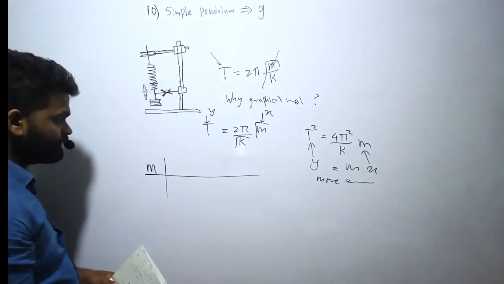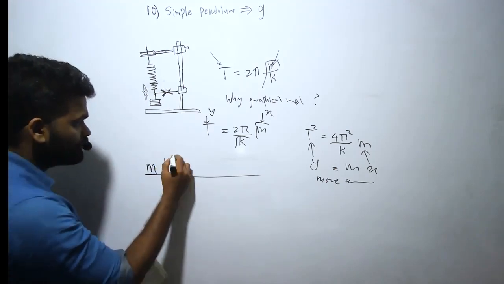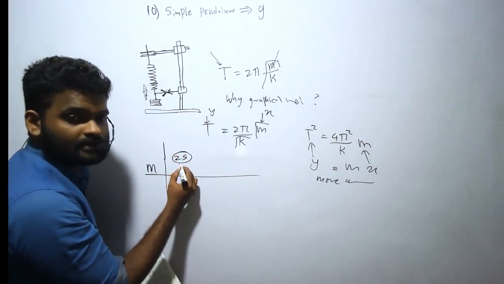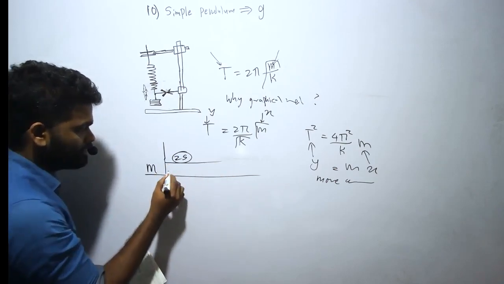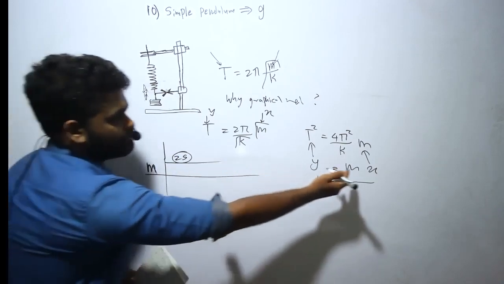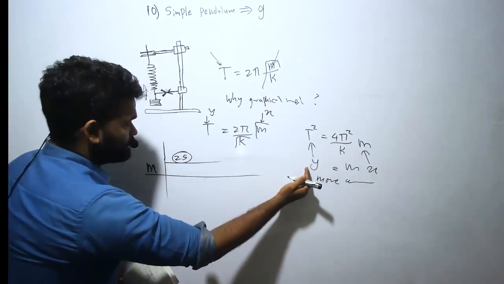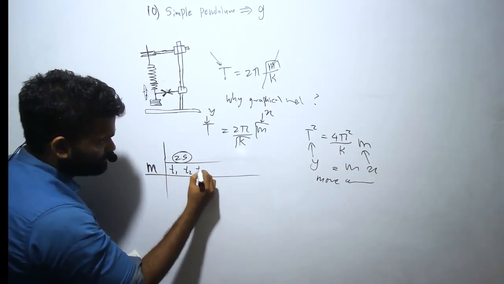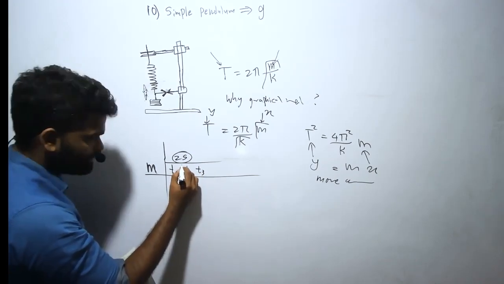Then, same as before, you have to take the time measurement for 25 oscillations. So let's say, for simple M, you put a 1M here, then you get the time measurement for 25. So you do that for 3 times, right?